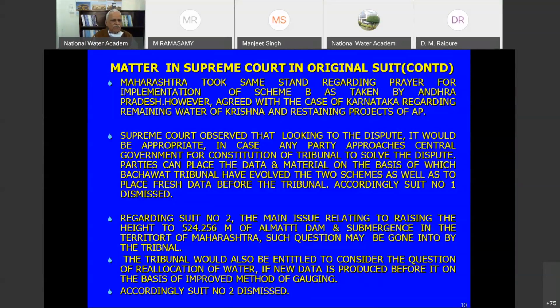The Supreme Court observed that such questions may be gone into by the tribunal. The tribunal will also be entitled to consider the question of reallocation of water if new data is produced before it on the basis of improved method of gauging. And accordingly, suit 2 of the Andhra Pradesh was also dismissed.